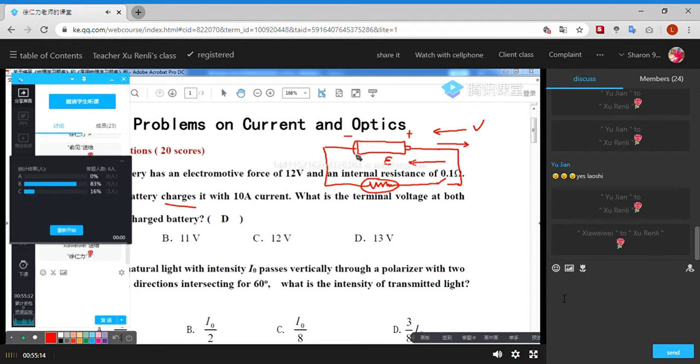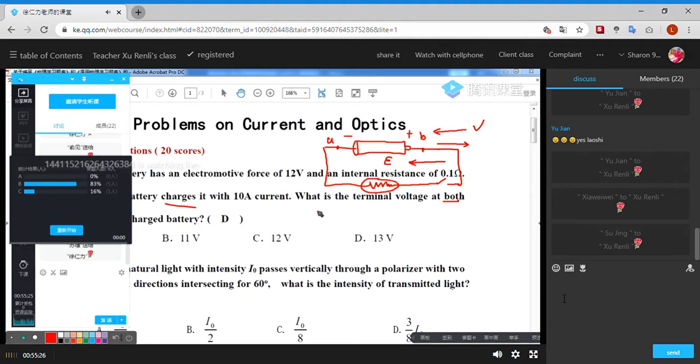From right to left, what's the voltage at both ends of this battery? According to the sign rule, the voltage between A and B equals the EMF of this charged battery.